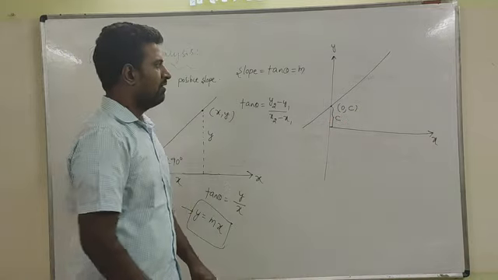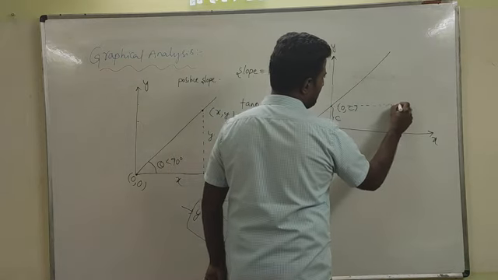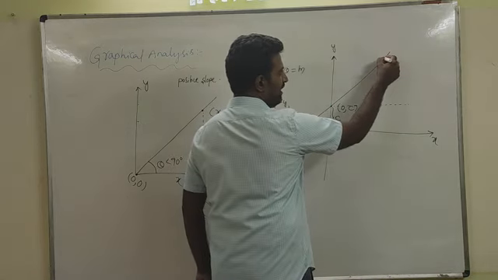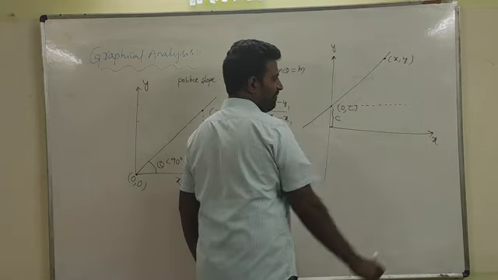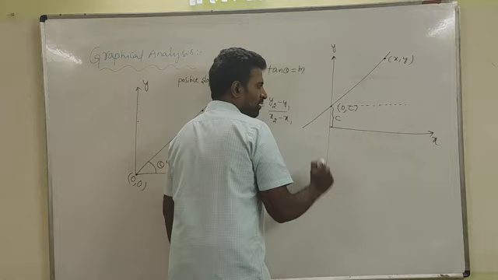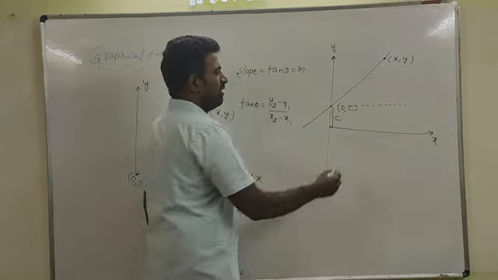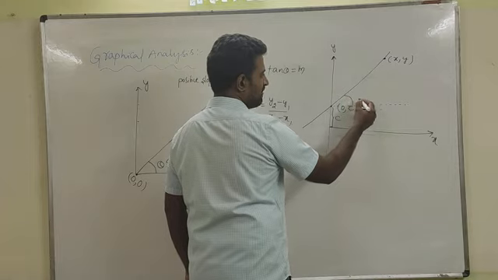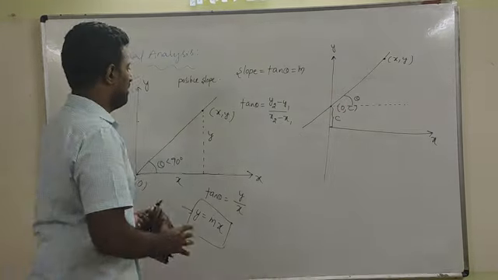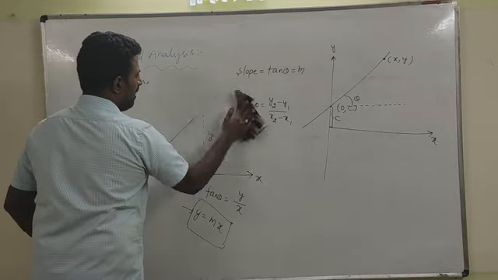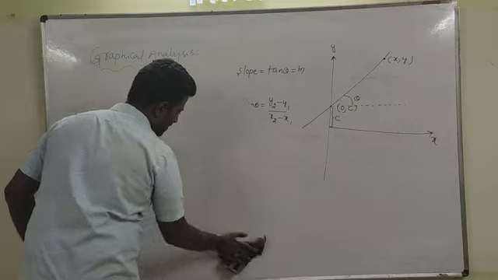Is it okay? Then, in order to find out this graph equation, what I will do is, I will take up one general point. That general point is x comma y, and one point through which the graph is passing through. This angle, I will indicate it as theta. Now, I will write down the expression for slope.